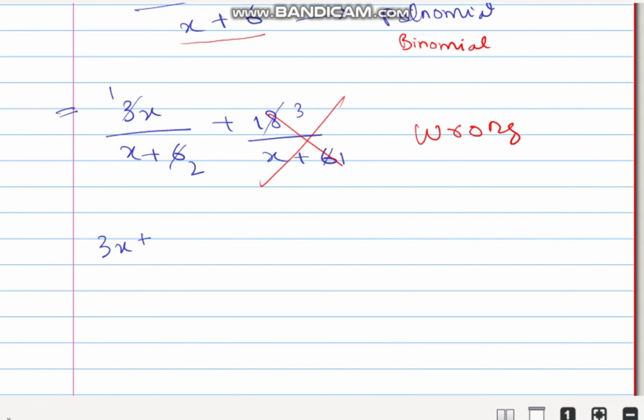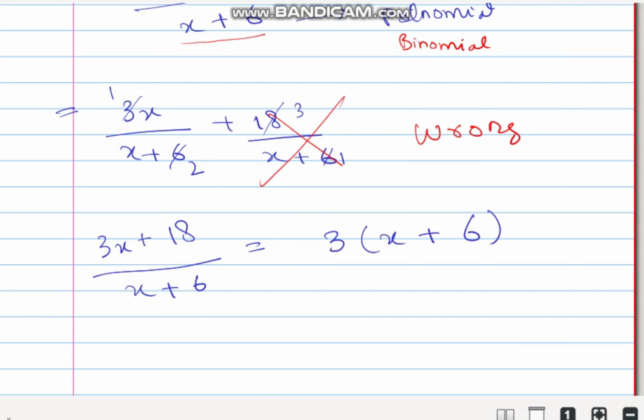The question above was (3x + 18) divided by (x + 6). Now, please note very carefully what the question is. The above is a binomial, below is a binomial, but the above polynomial needs simplification. We can take 3 common. We have studied this before.